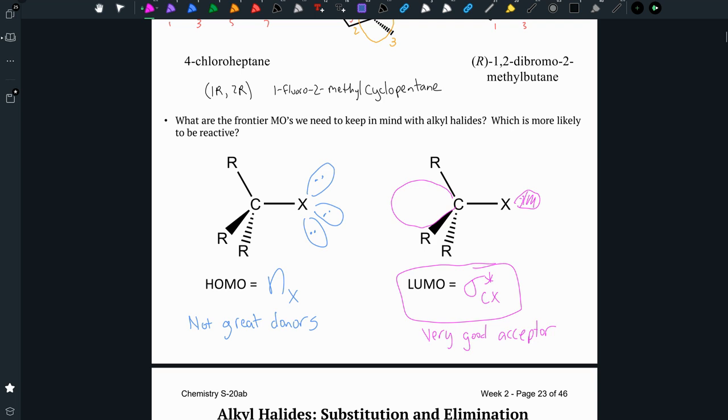We could have a separate conversation about why fluorine behaves differently from the other halides, partly because it has a similar size to carbon. It makes a much stronger bond, and so usually that carbon-fluorine bond is harder to break as opposed to carbon-chlorine, carbon-bromine, carbon-iodine. So for most of what we talk about, we'll be focused on chlorine, bromine, iodine as our halides.